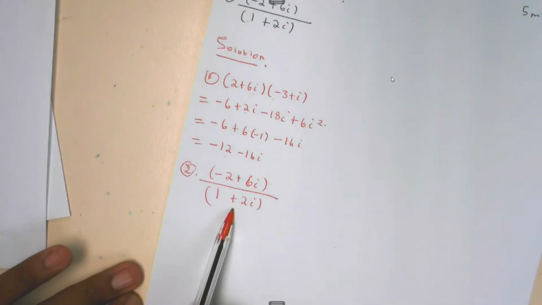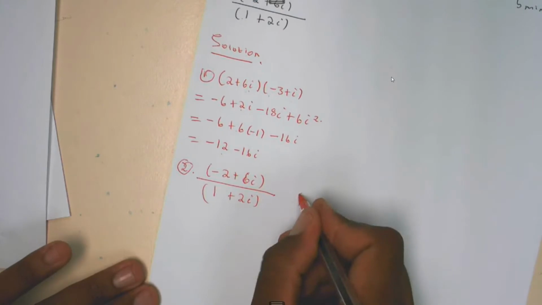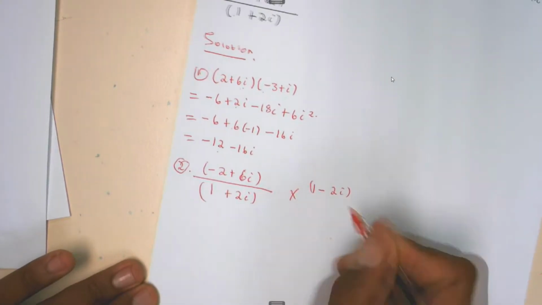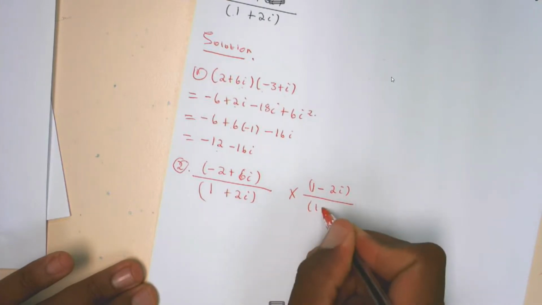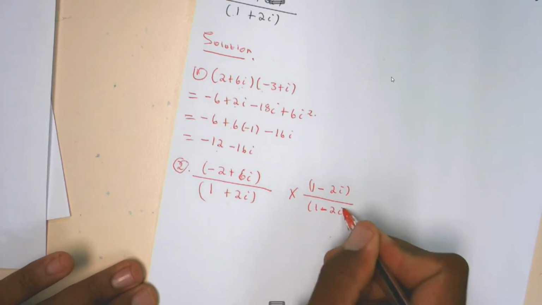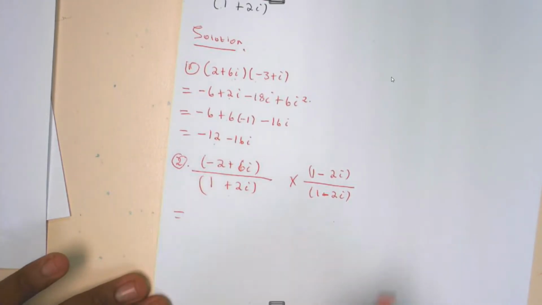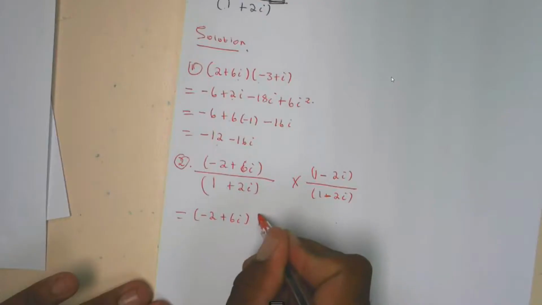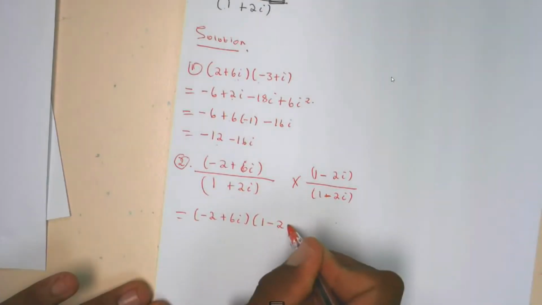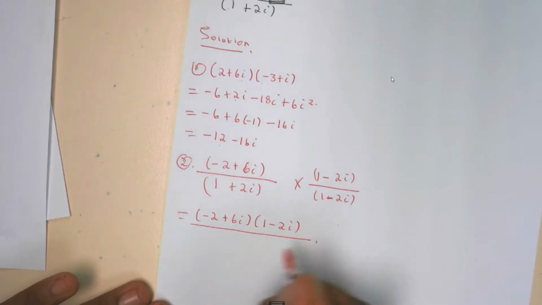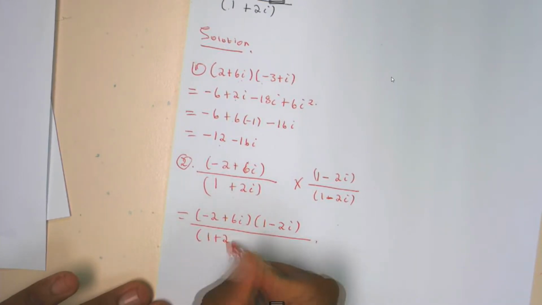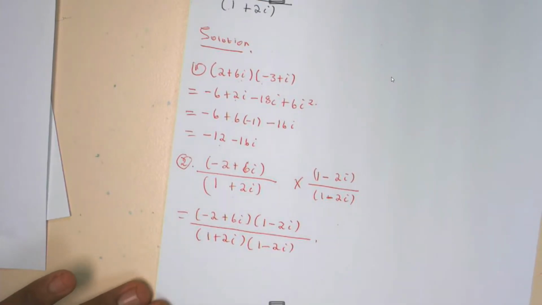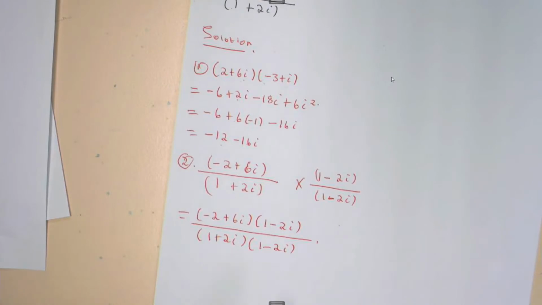What will be the conjugate of this denominator? The conjugate will be 1 minus 2i. So when I multiply that, I'll have minus 2 plus 6i multiplied by 1 minus 2i, all over 1 plus 2i times 1 minus 2i.